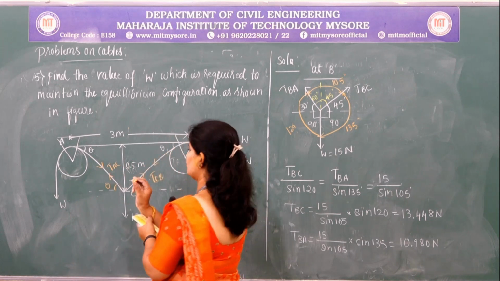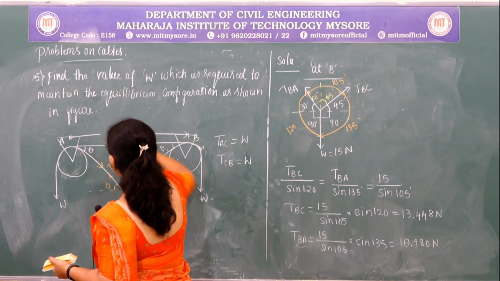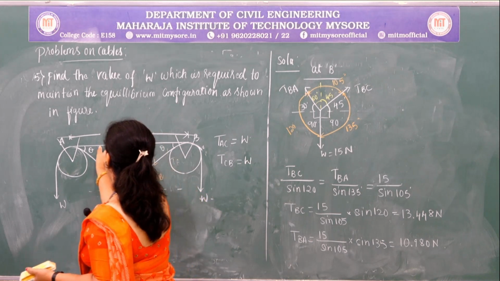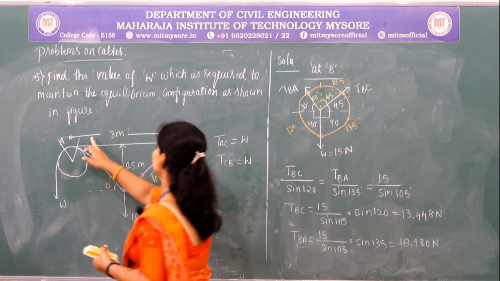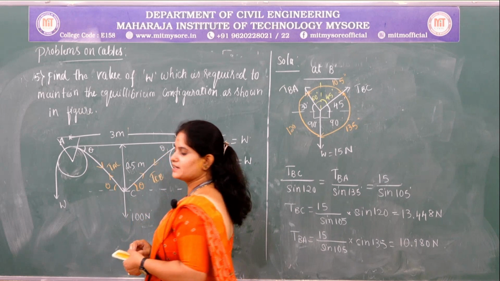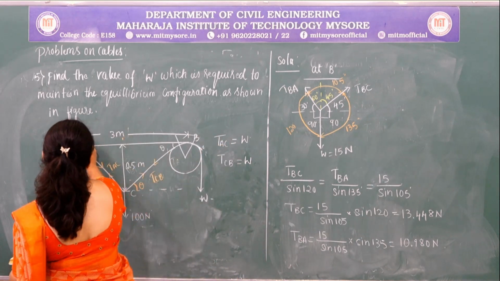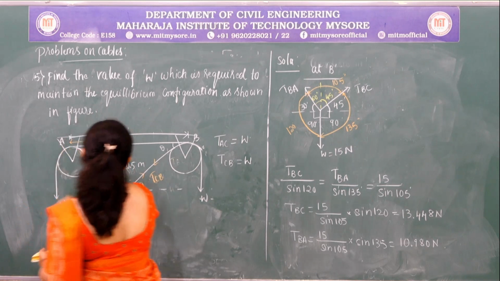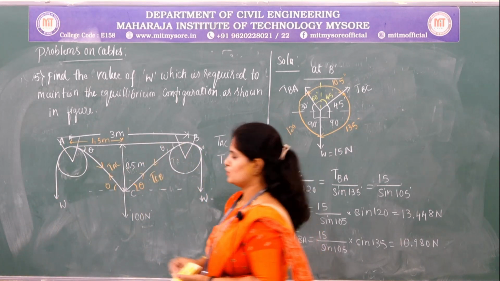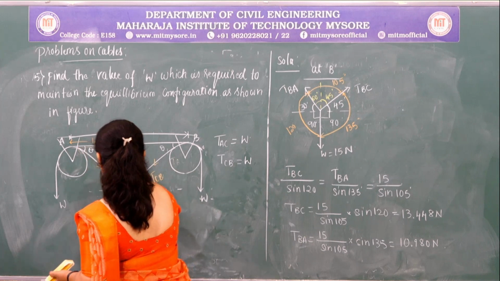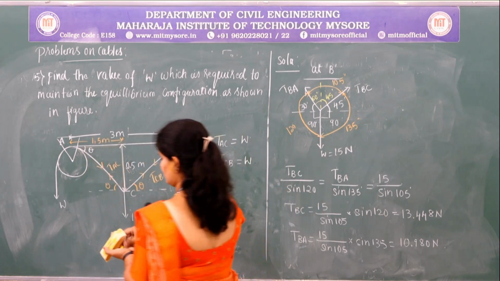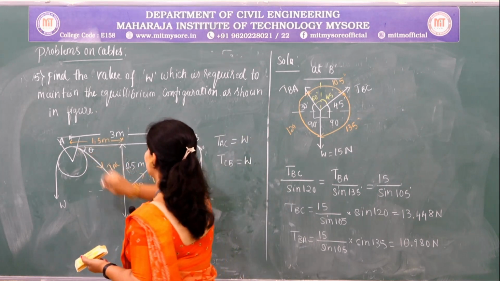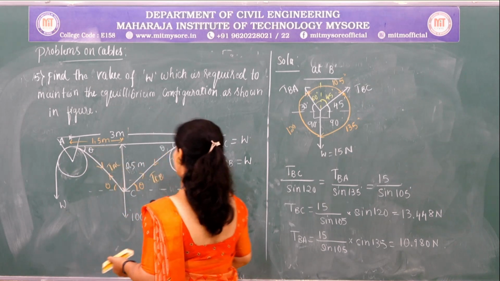theta. So for this theta they have given the opposite side and the adjacent side. So the total length given is 3 meters. So up to this center this will remain as 1.5 meters. So from this triangle we can consider for this theta this as opposite and this as adjacent side.